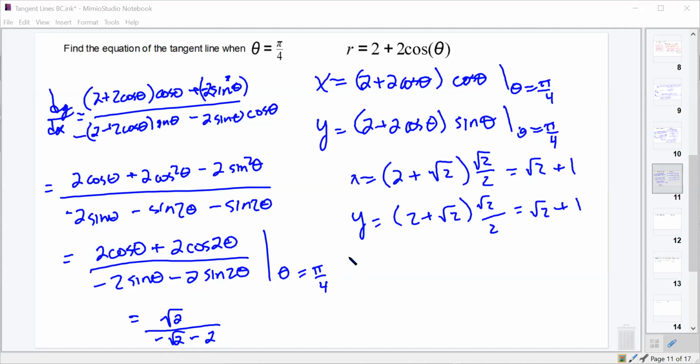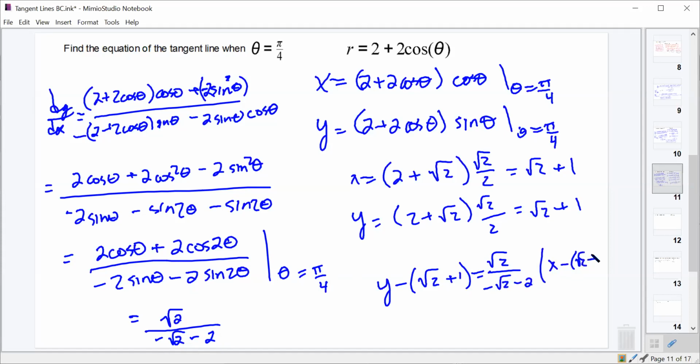Fair amount of arithmetic and trig values, but not too bad. y minus root 2 plus 1 equals root 2 over negative root 2 minus 2 times x minus root 2 plus 1. Good or no? Amazing.